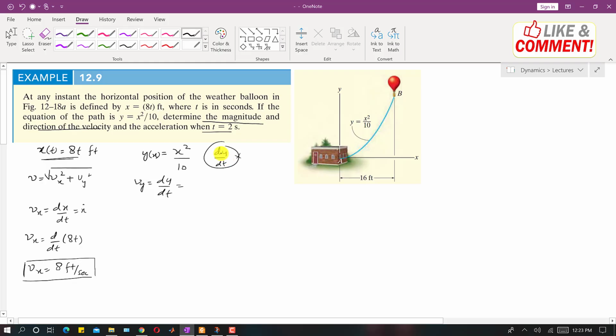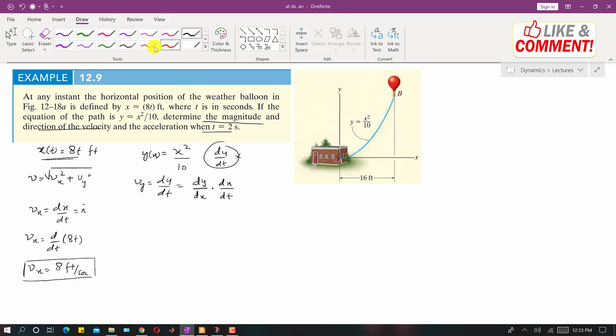This is not possible since y is a function of x. So we will first find the derivative of y with respect to x, and then the derivative of x with respect to t. So this is the chain rule.